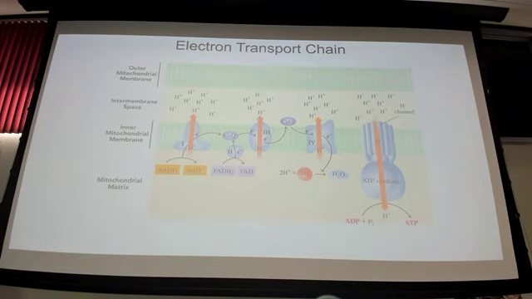Yes. I just want to make sure I understand the big picture. So 1 through 4 is building the proton gradient between the outer and inner membranes. Yep. Because the oxidative phosphorylation process requires a lot of energy, you have to get a big concentration gradient that way, and shove all that energy through complex 5.